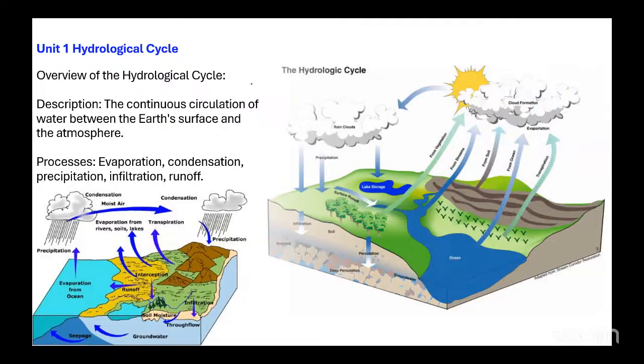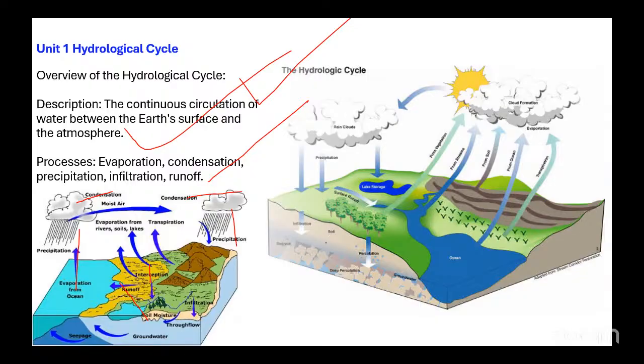So the overview of the hydrogeological cycle: the description is the continuous circulation of water between the earth's surface and atmosphere, and the processes are evaporation, condensation, precipitation, infiltration, and runoff. Again, it goes to the major river system and oceans.